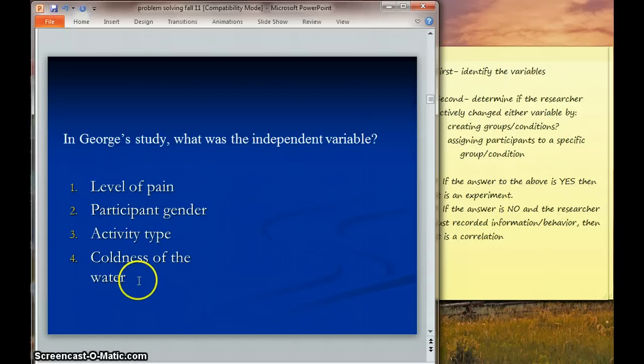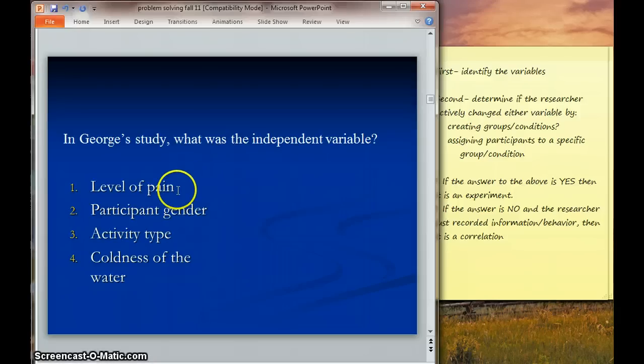Or the coldness of the water? What you have to think about is which of these he was most interested in manipulating. The answer is activity type. He assigned participants to a specific group: were they in the distraction activity, or were they in the entertaining movie activity? That's what he was actively manipulating.